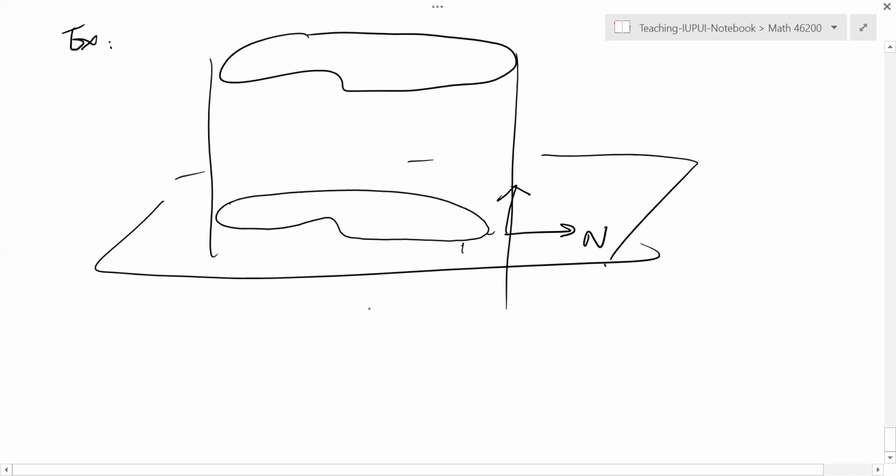So that's why the intersection must be a geodesic.